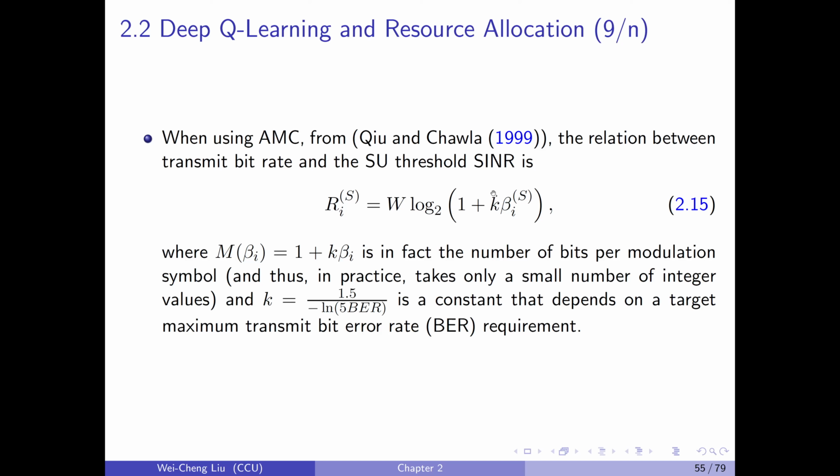Sorry, I should introduce K first. K is equal to 1.5 over negative natural log of 5 times BER, a constant that depends on a target maximum transmit bit error rate BER requirement.